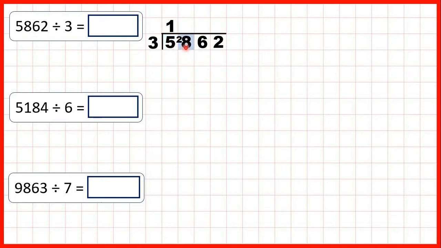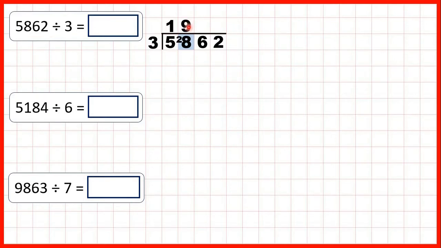So now, rather than 8 divided by 3, because we wrote our remainder in front of the digit, we need to divide 28 by 3. The closest number in the 3 times table to 28, which is still not more than 28, is 27. And because 9 times 3 is 27, we write 9 in our answer line.